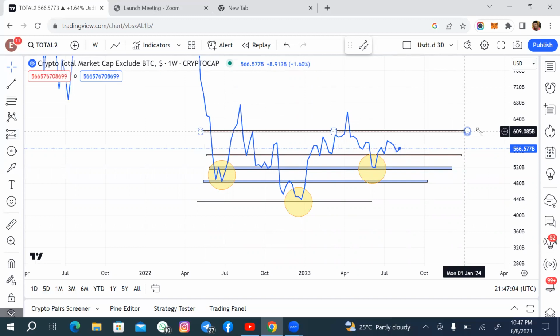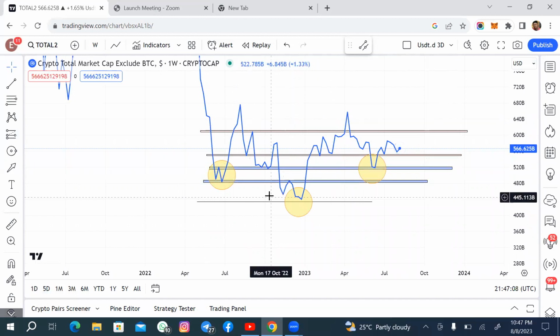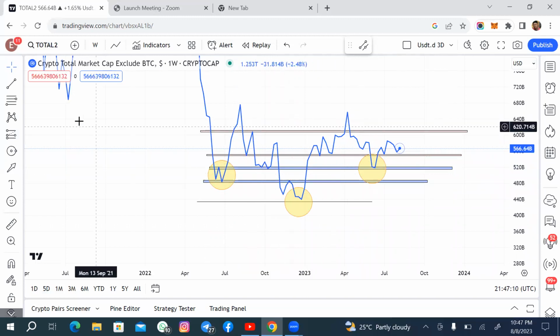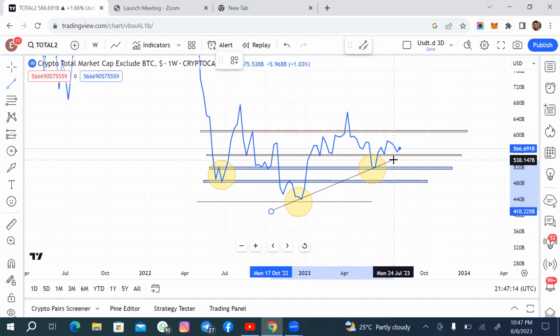So basically, this is an inverse head and shoulders. What this is telling us is, because we're already making higher highs and higher lows, price is already in an uptrend.